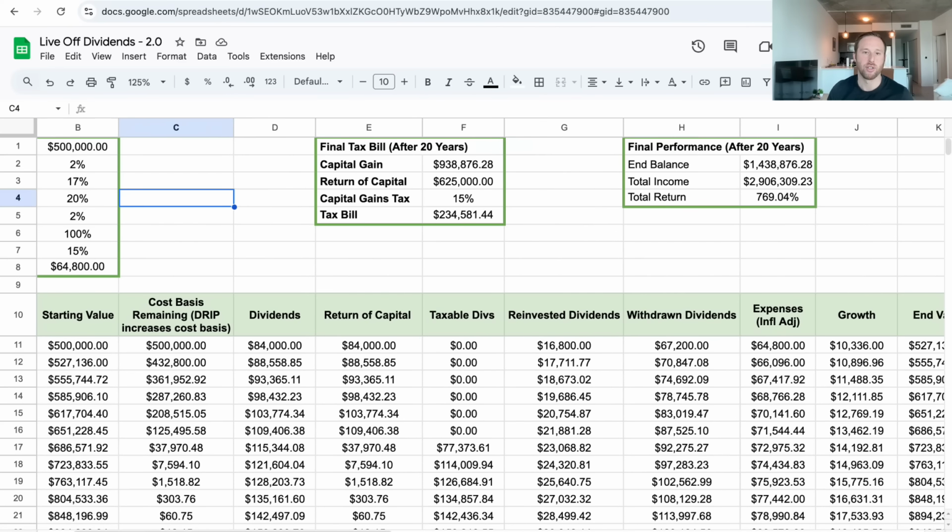All right. Now let's look at the final tax bill. Let's say you sold after 20 years. So your capital gain is going to be 938,000. Plus now we have to account for the return of capital, right?